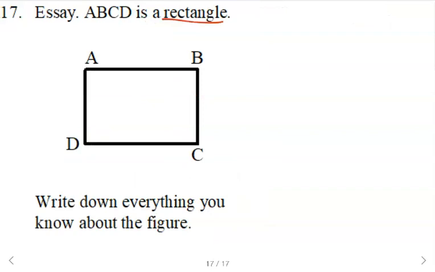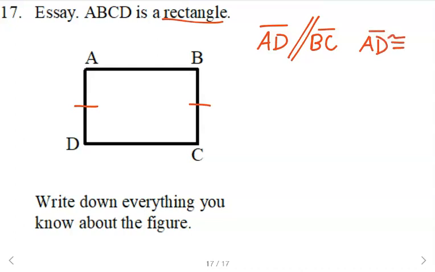17, this is a rectangle. Write everything you know about rectangles. Well, I know you could say ABCD is a parallelogram. I'm going to say that AD, that segment, is parallel to BC, and I'm also going to say that AD is congruent to BC.